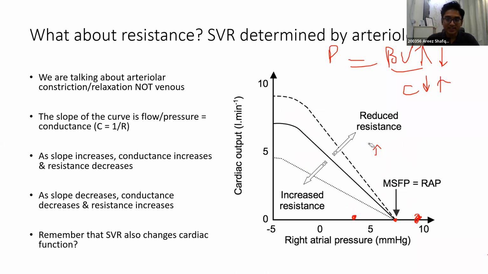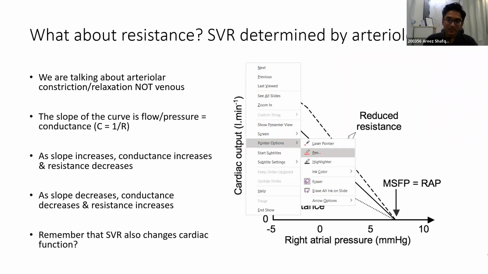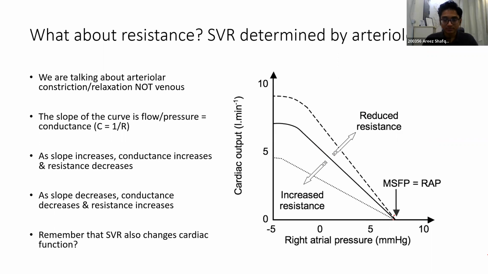So I told you that you should divide venous return curves into 2 sections: shifting of the curve and then slope of the curve. That was shifting of the curve, blood volume or compliance. The other point is, notice that this curve is changing as well, but is PSF changing? It's staying the same. That means I'm altering resistance.